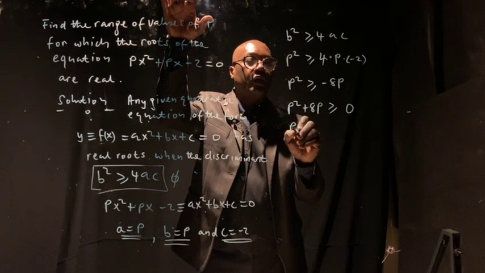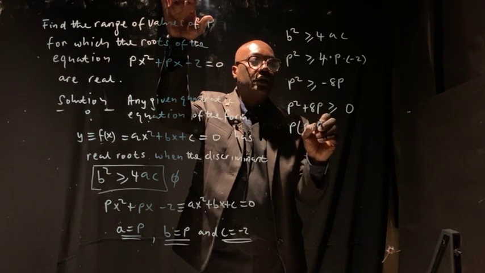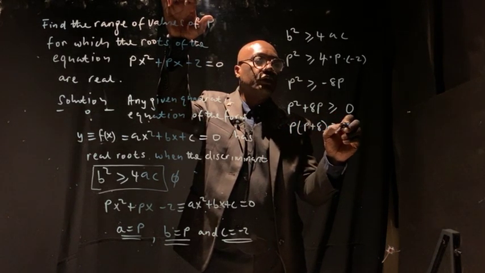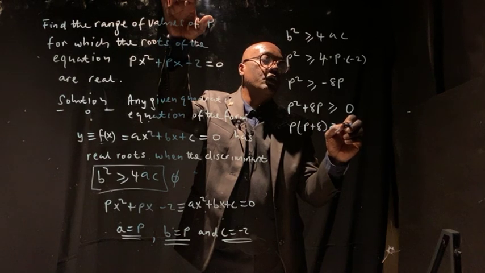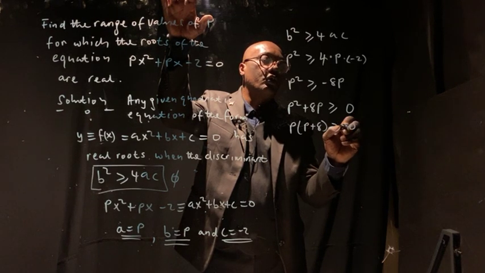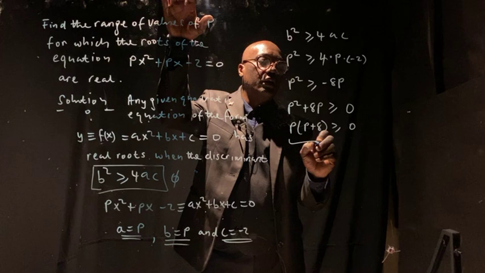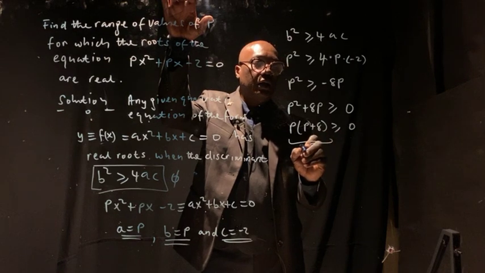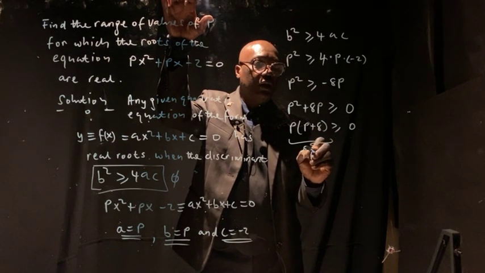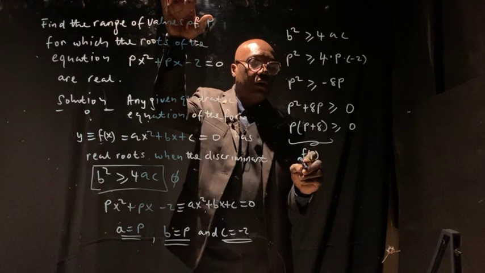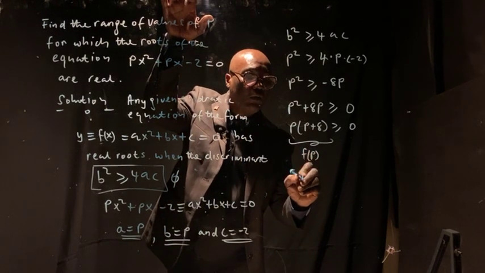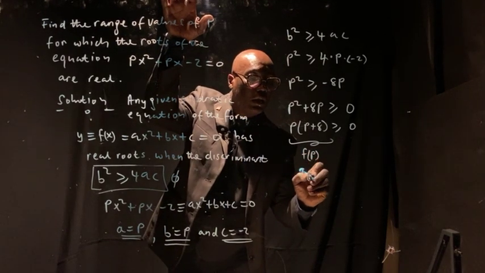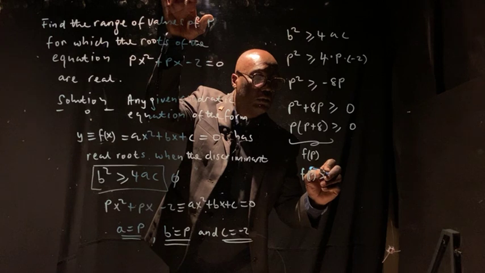Factorize p outside, we have p times p plus 8 greater or equal to 0. But remember, this one is f of p. So we can see that we have f of p is greater than 0.